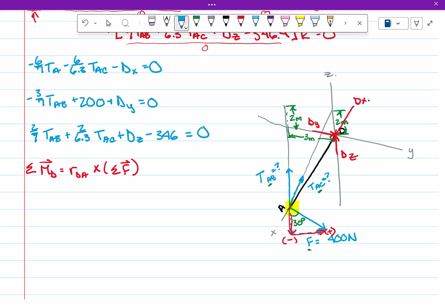In this case, and I already discussed this when we talked about the equations, in this case, because the moment is being taken around D, then the sum of those forces only includes your TAB, your TAC, and F.